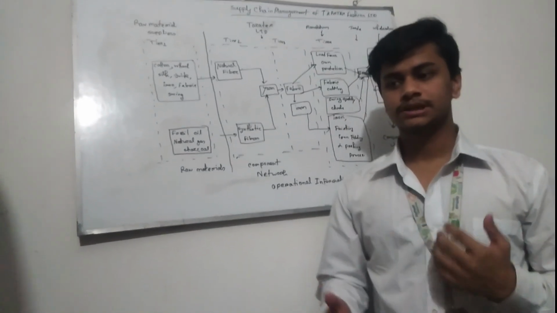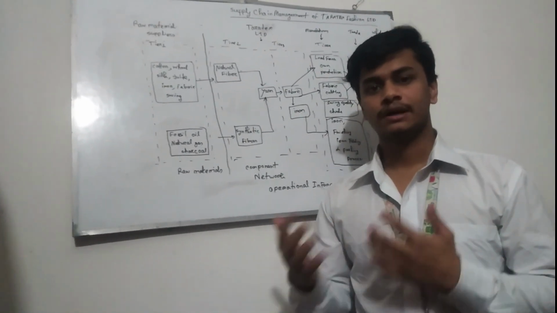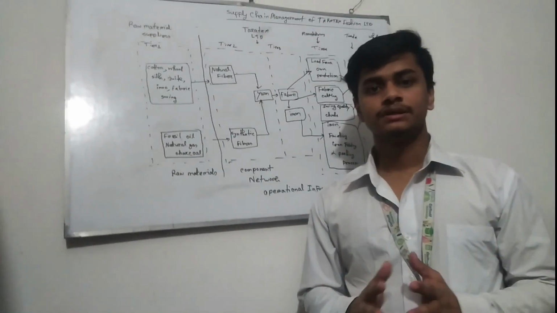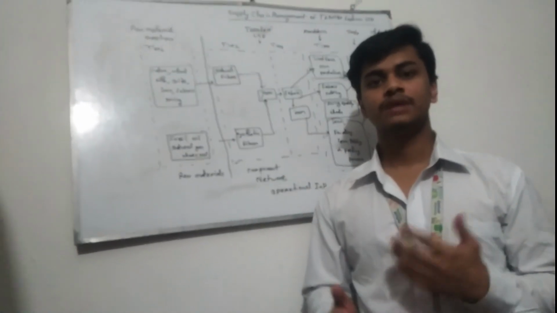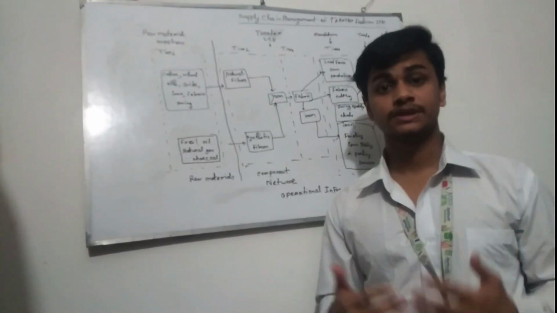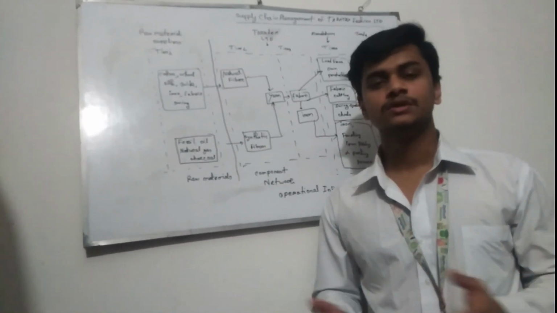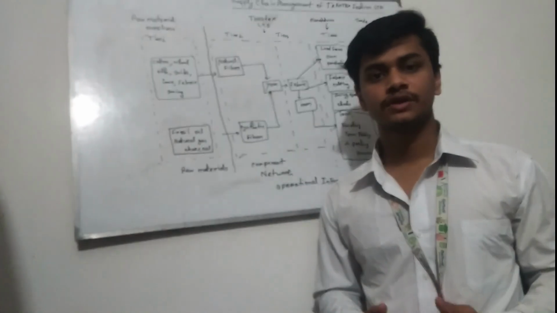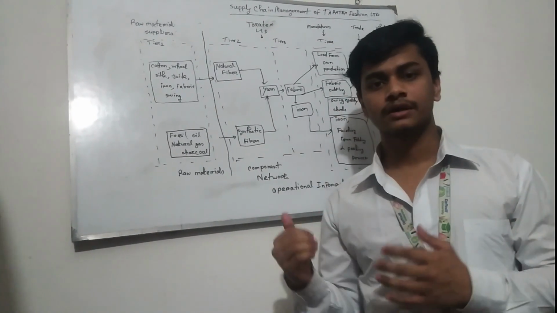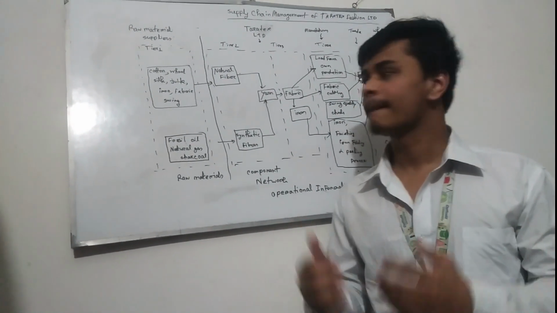When we visited Taratex, we saw that they don't maintain much management information system. They only focused on the operational information system. So now I will discuss the operational information system of the organization.